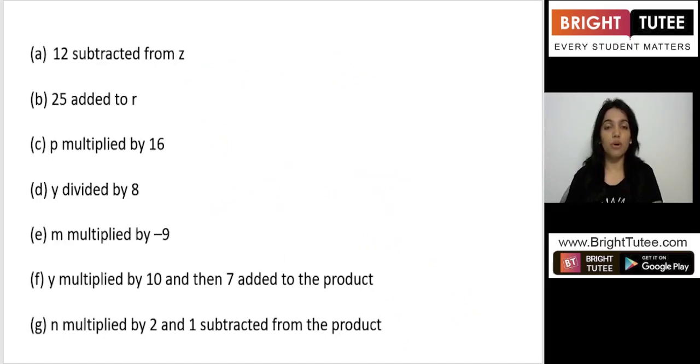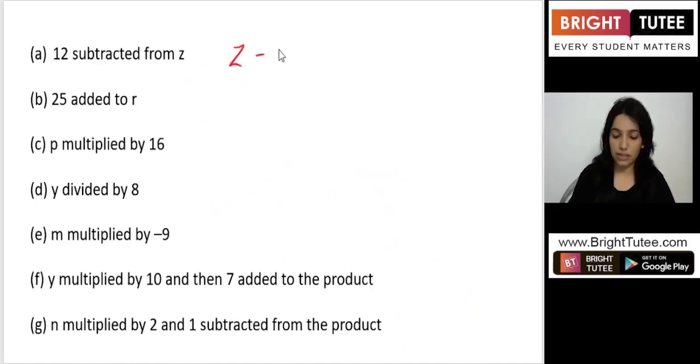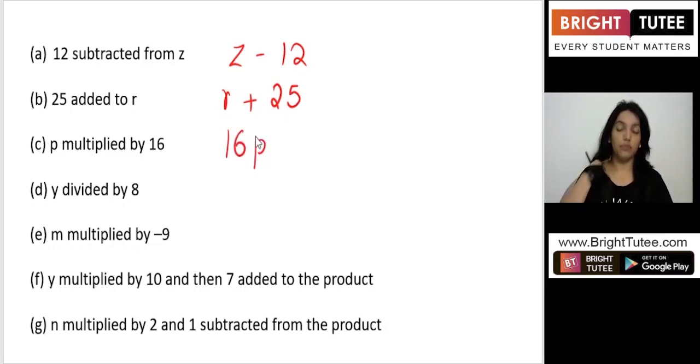Let's try some more. It says 12 subtracted from z. So z take away 12. 25 added to r: to this variable r, we are adding 25. Then p multiplied by 16. So 16 multiplied by p. Then y divided by 8, so it is y over 8.